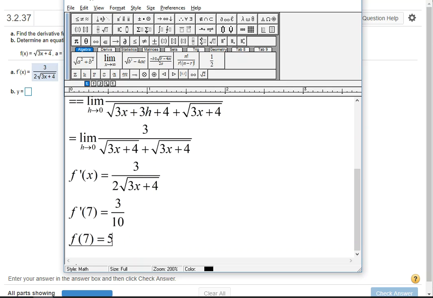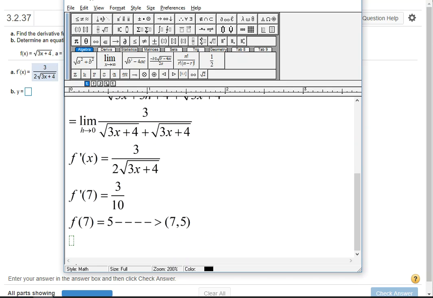Okay, so this is the ordered pair 7, 5, and this 3/10 is my slope.